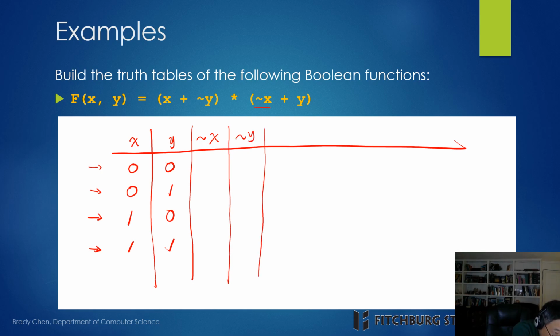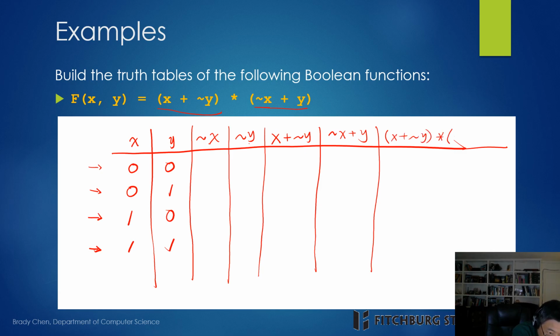Now based on tilde x and tilde y, we will build x plus tilde y, and tilde x plus y, that's the second one, and then f of x, y, which combines x plus tilde y and tilde x plus y.